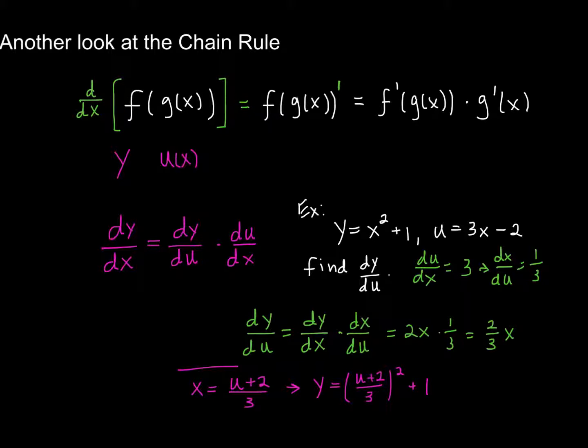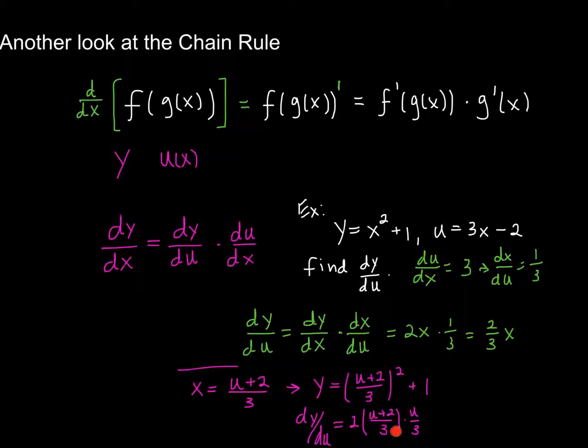Now, I'd have to differentiate with respect to u, and notice, of course, that you're going to end up using the chain rule anyways. You'd have to take the derivative of the outside function, which is something squared, and then take the derivative of the inside function. Okay, so it ends up actually being a little bit more work, obviously, but if you do so, you will end up with 2 times (u + 2)/3 times 1/3.